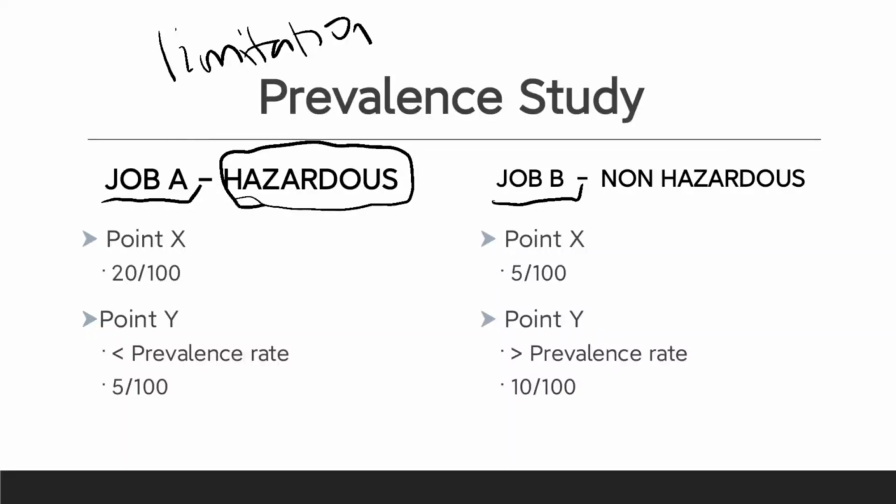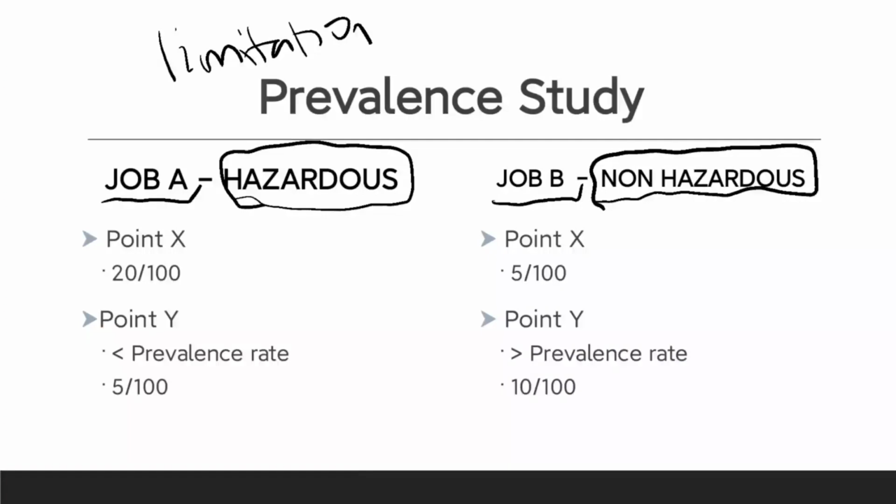Meron silang hazardous exposure. If we try to recall, yung example kanina, no? Yung mga nasa heated rubber, so sila yung hazardous. And then sa job B, they are not exposed. Ibig sabihin, non-hazardous yung sa kanila.